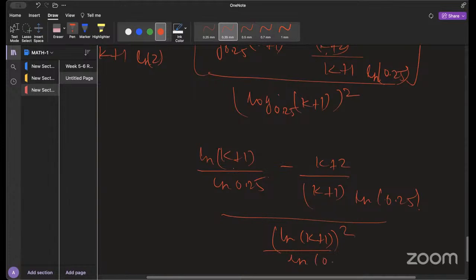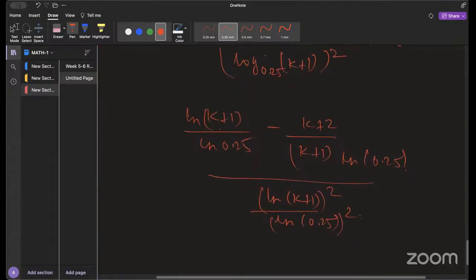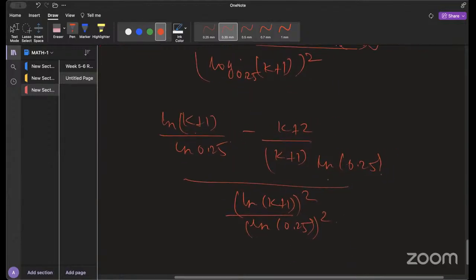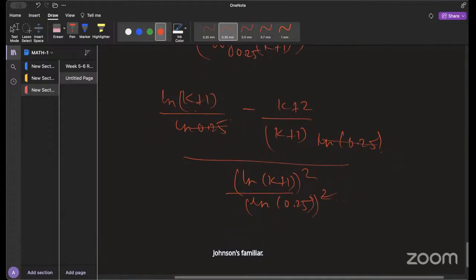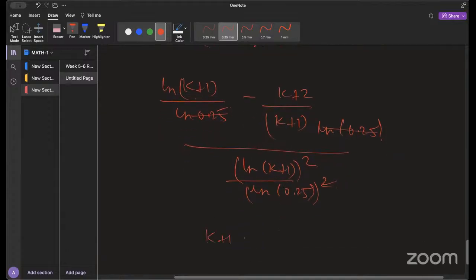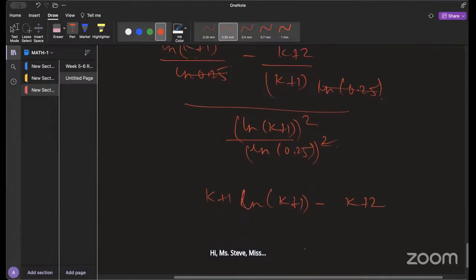Natural log of, cancels from there. Plus 1. Natural log of k plus 1 minus k plus 2. K plus 1. I don't think we are going to get anything.